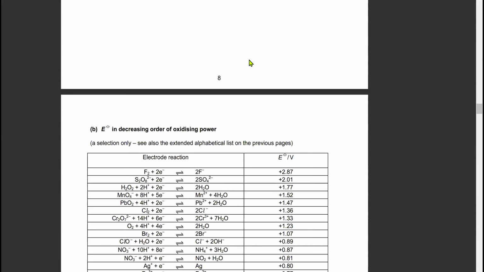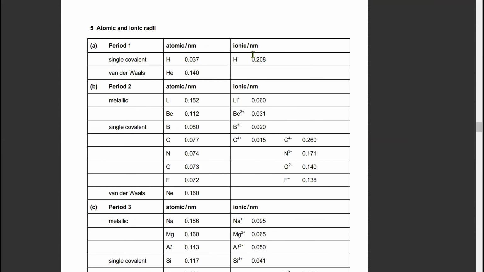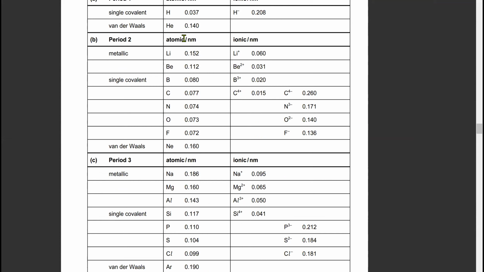The atomic radiuses are given, so you can look at period 2. You can look over here that the size of the atom constantly decreases. Is this clear? The radius is 0.152, 0.11, then 80, then 77, 74, 73, 72, and it constantly decreases. So is this clear?